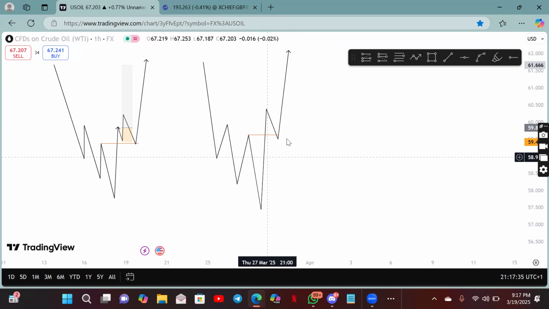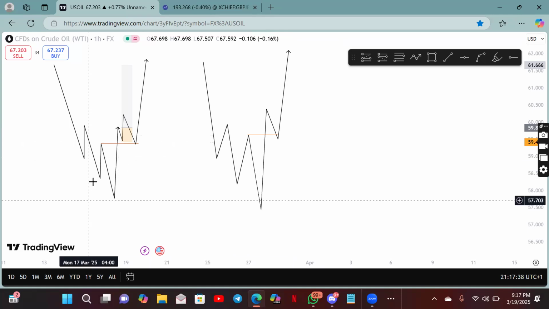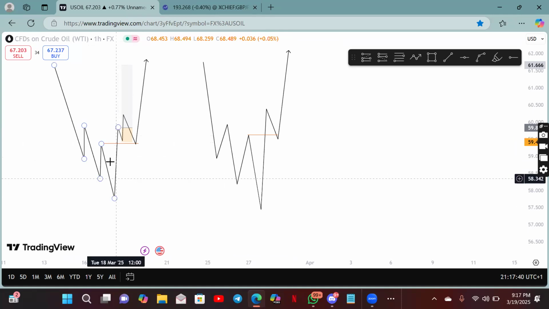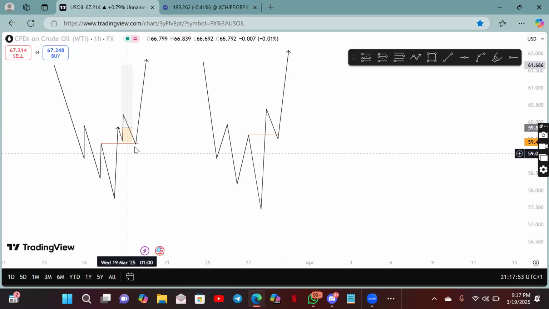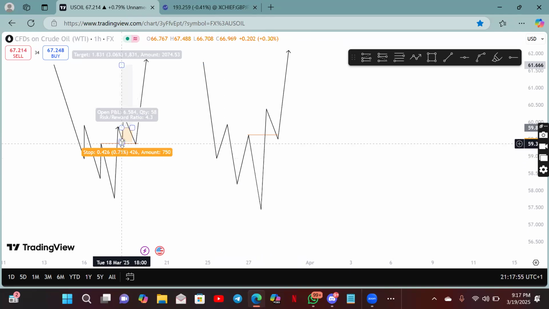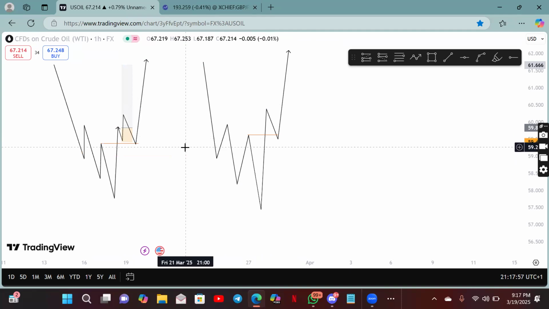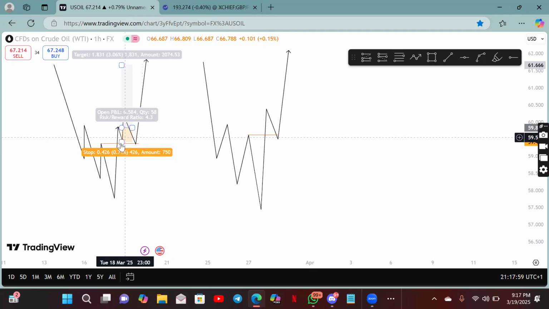All right, do you understand this breaker block now? It's just all about change of character. Once it changes character, it must come to test that resistance. It will first of all induce you. So this inducement, when it gives you a fake out, then the next one you'll be targeting. Once you see liquidity, this inducement now is liquidity.